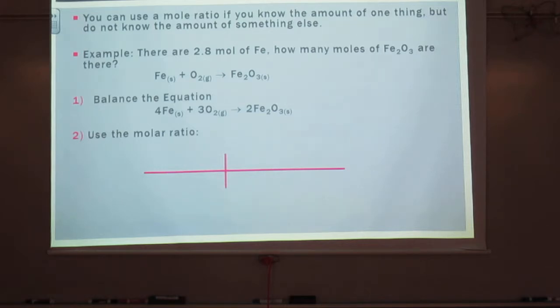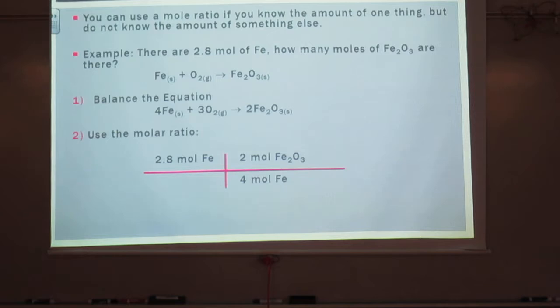So for this specific example, I know iron, but I'm wondering about the iron(III) oxide. So the most important ratio that we're going to be using here is the iron to iron(III) oxide, which is iron 4, iron(III) oxide 2, so it's going to be the 4 to 2 ratio.